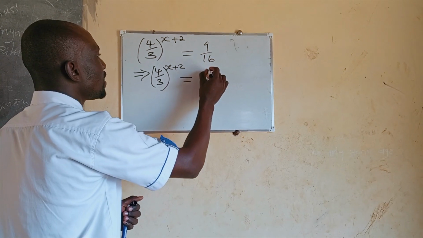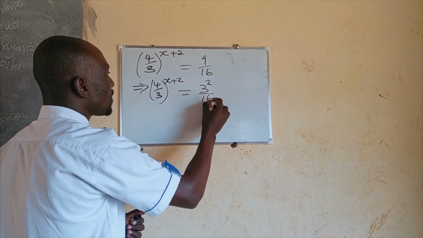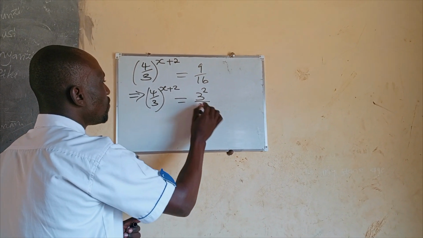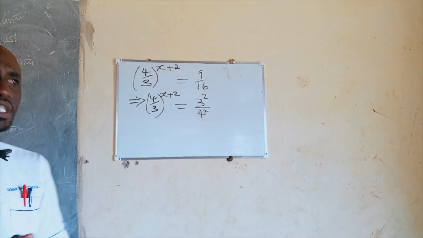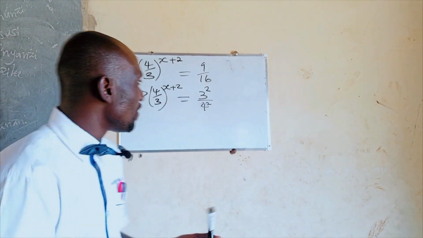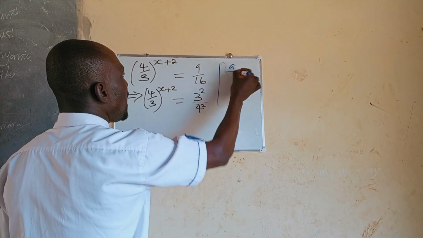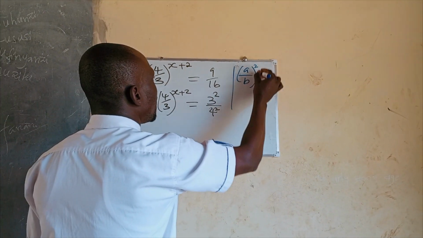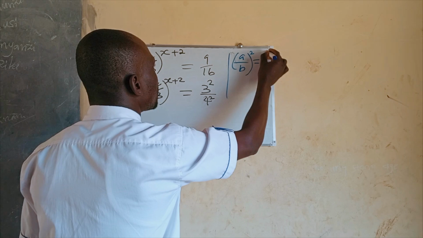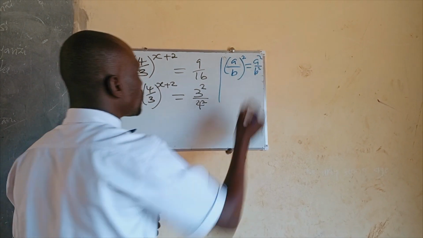this can be written as 3 squared over 4 squared. It should be remembered that we have a mathematical equivalent that says that if I have (a/b) squared, this can be written as a squared over b squared.